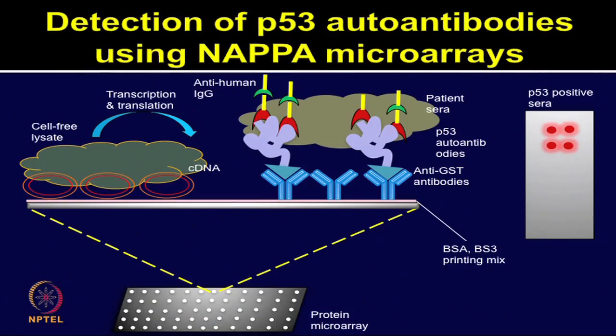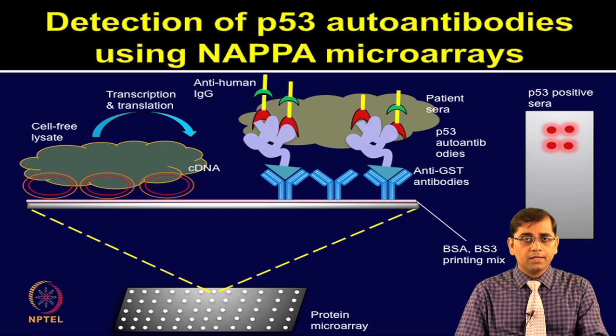However, there is very little knowledge about the specificity and the clinical significance of antibody immune repertoire in breast cancer patients. Anderson et al. adapted a specific detection of autoantibodies in breast cancer patients by using nucleic acid programmable protein arrays.